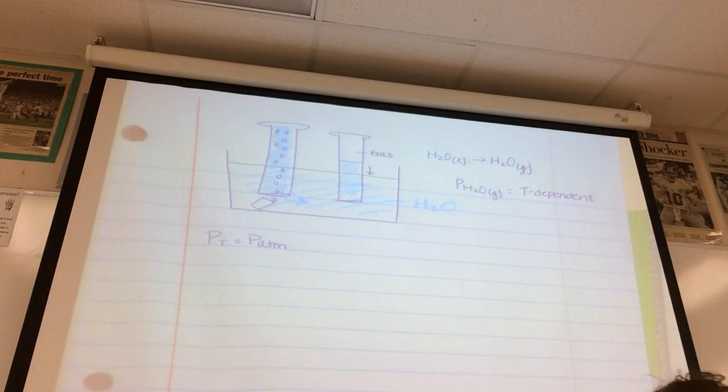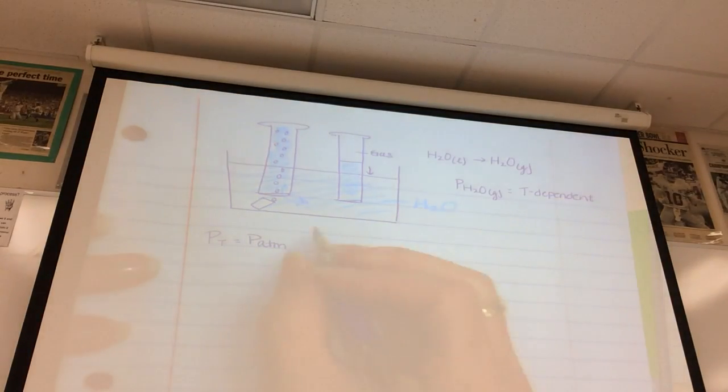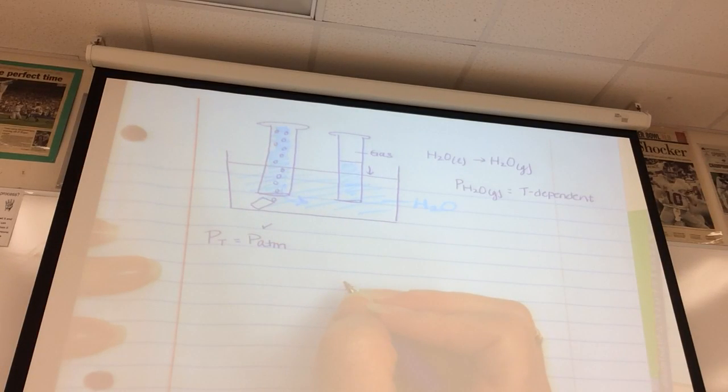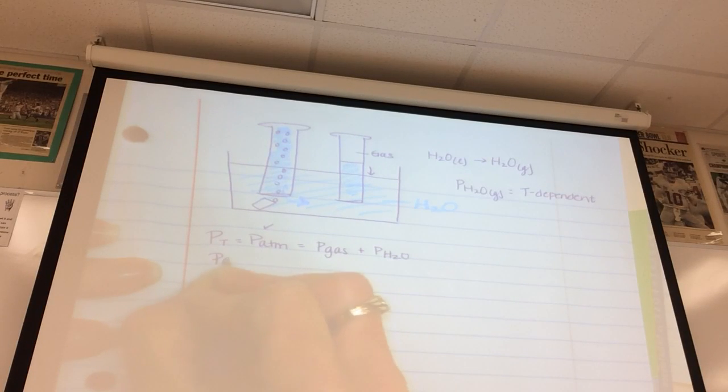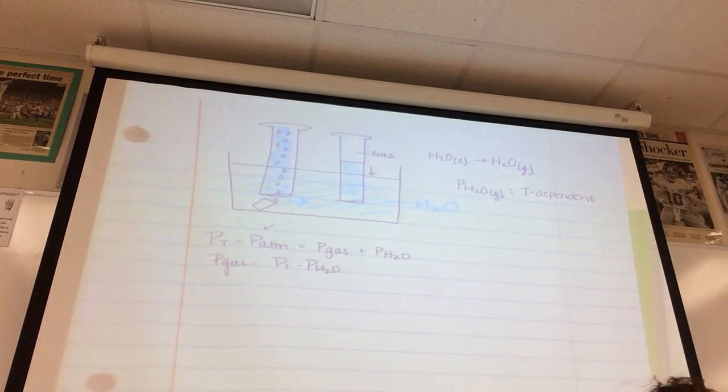Once you pressurize, then these two are equal. You can get it off the internet or a barometer, and that's going to be equal to the pressure of the gas you collected plus the pressure of the water. So the pressure of the gas that you collected is equal to the total pressure minus the pressure of the water vapor. And again, this is temperature dependent.